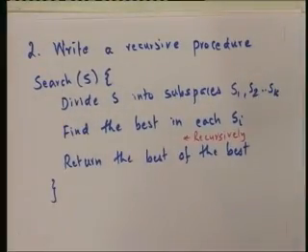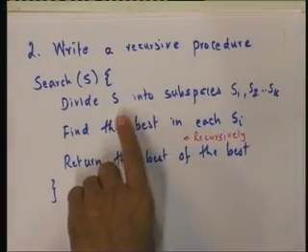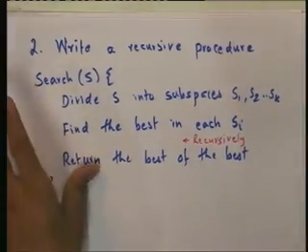Okay, so let us see how to do this in the case of LCS. The first step is to define the search space, which we already did. The next step is to write this procedure, and this requires us to divide S into subspaces S1 to Sk. Okay, so let us do that now.